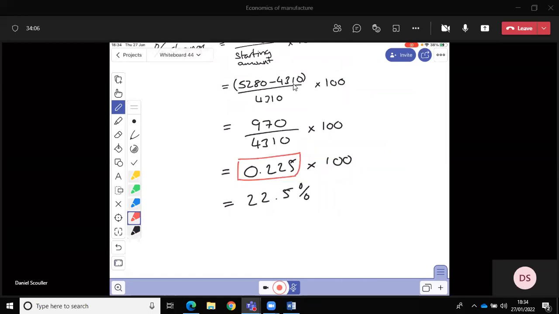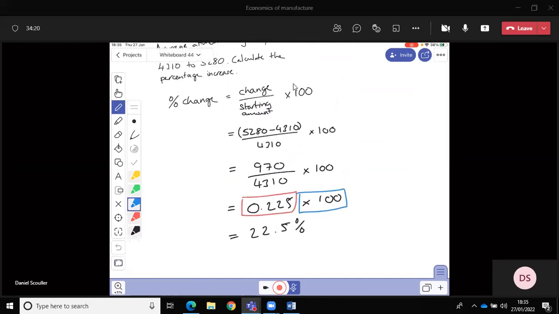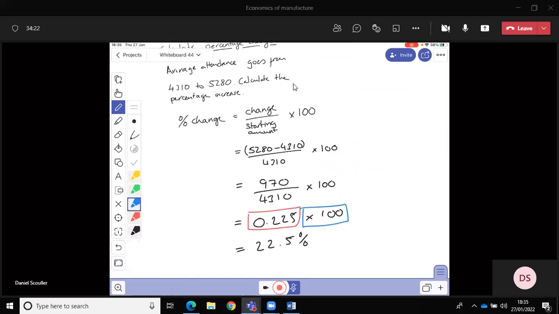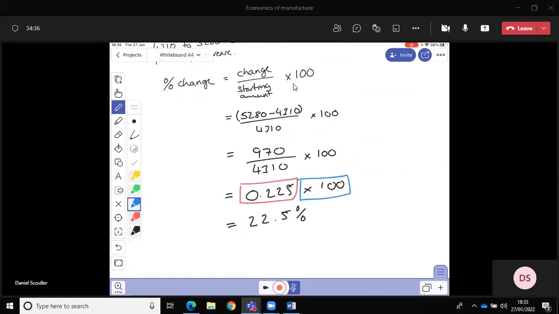If I was writing 22.5% in decimal form, I'd write it as 0.225. To get it out of decimal form, multiply by 100. So the attendance has increased by 22.5%. We've taken the amount it's changed by, 970, divided that by the original number to get the decimal, and multiplied that by 100 to get our percentage.